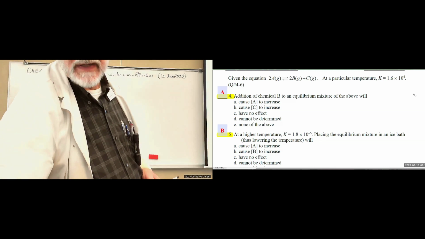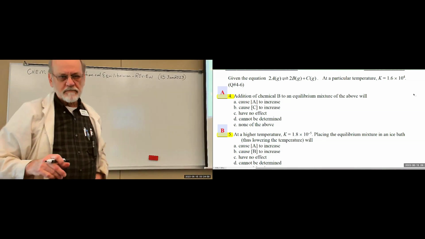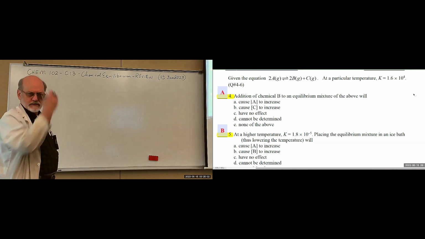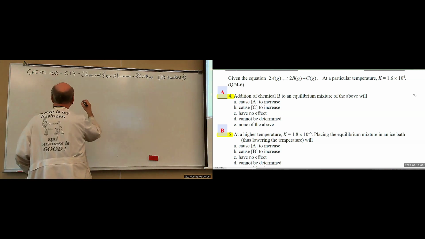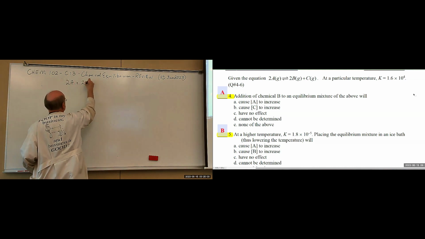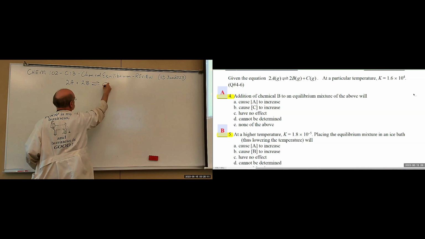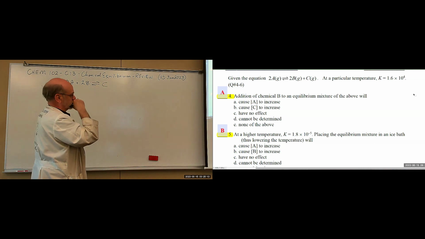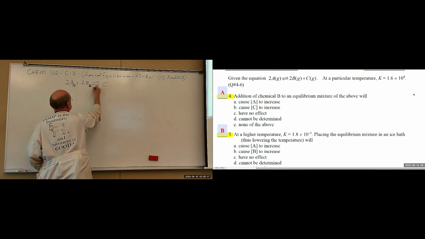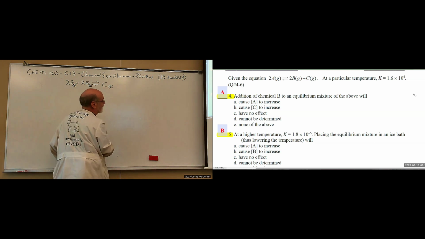The system's misbehaving. 4 through 6 is based upon 2A yields 2B plus C. 2A plus 2B yields C. And they're all gases. Okay.